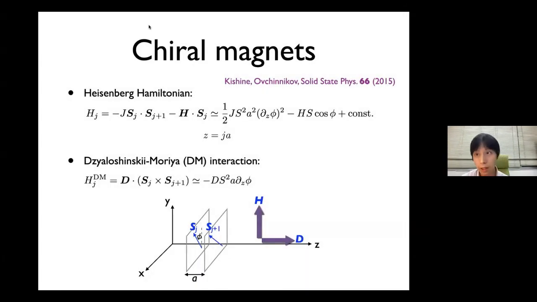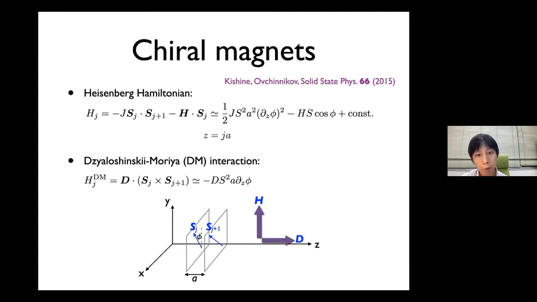This is the relationship between the spin variable S and the angle phi. We are considering the spin as a function of the z direction. Here we assume that the spins are frozen on this plane, because the spin interaction on this plane is assumed to be much larger than the spin interaction between these planes.